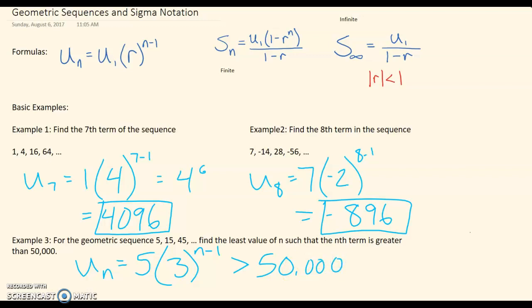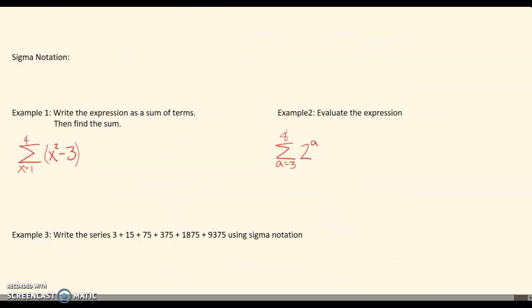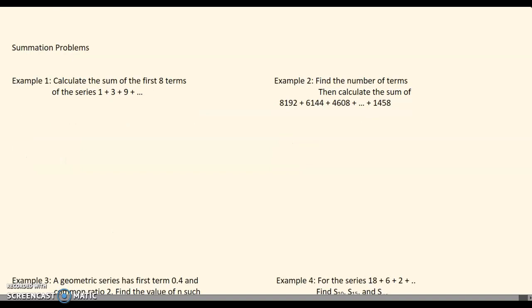So what I would do is type this into y equals, and then not use the graph, but in fact use the table. The table is going to be really nice because we're really only dealing with whole number values, since n is the term number. And you just find the first time it's greater than 50,000, you scroll, and you get n equals 10. Pretty straightforward.